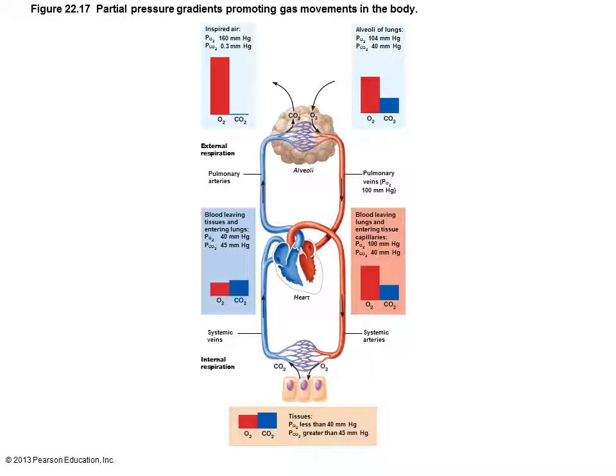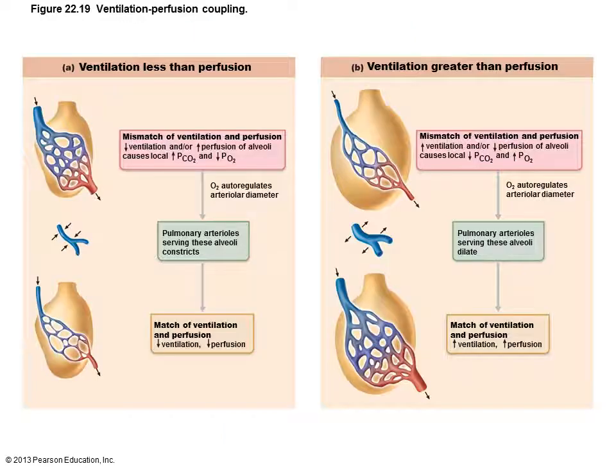Another thing I want to mention briefly is ventilation-perfusion coupling. Perfusion is the blood flow reaching the alveoli, and ventilation is the amount of gas reaching the alveoli. Ventilation and perfusion have to be matched, or coupled, for efficient gas exchange. For perfusion, changes in PO2 in the alveoli cause changes in the diameter of arterioles.